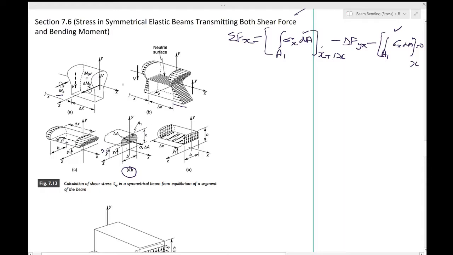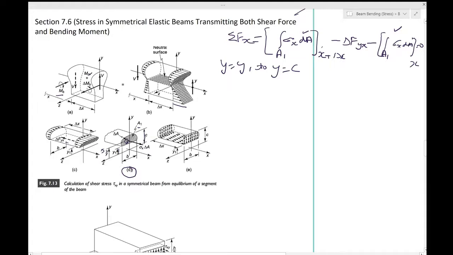So this is what we had done, and then the integrations are taken over the shaded area A1, and it goes from y equal to y1 to y equal to c. So this is where this element lies right now, y1, and the maximum it can go is to c.